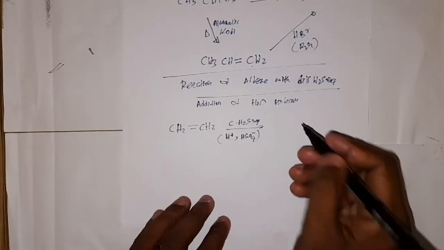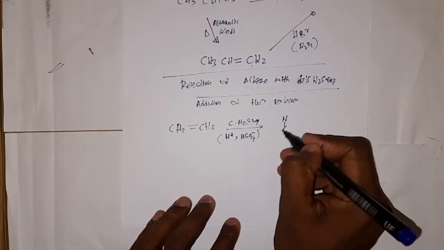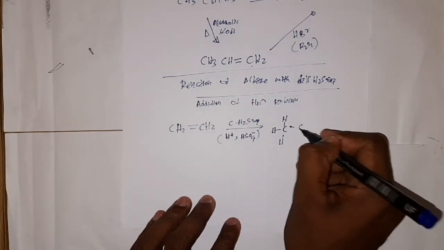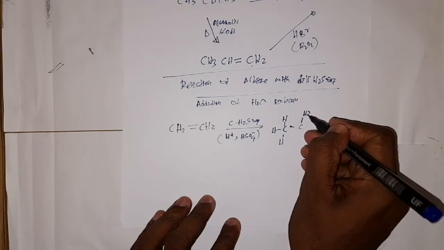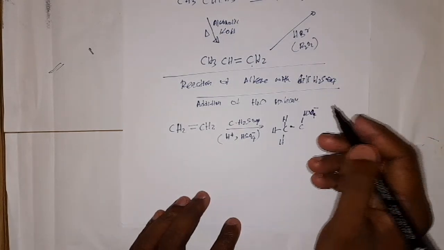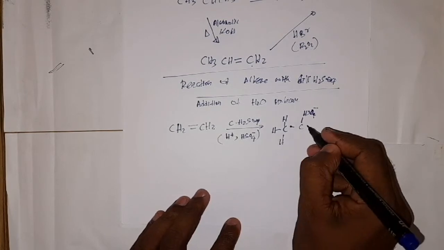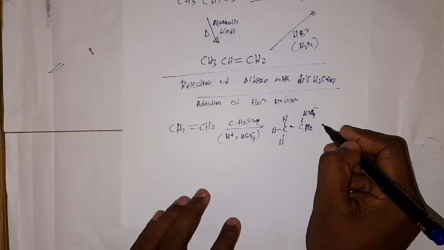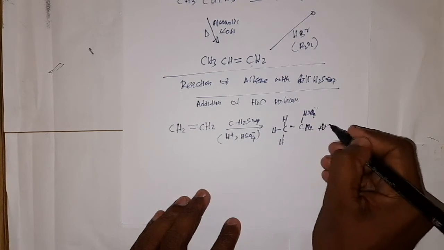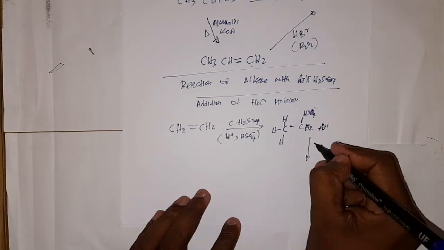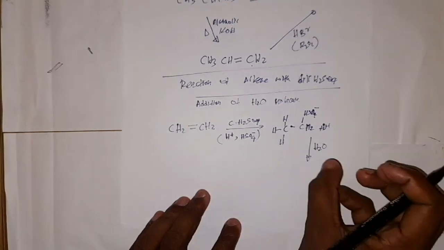After addition of this, what happens is the alkene takes H plus and the carbocation bonds with HSO4 minus. At the second step, after addition of water, we have to add water to this one.